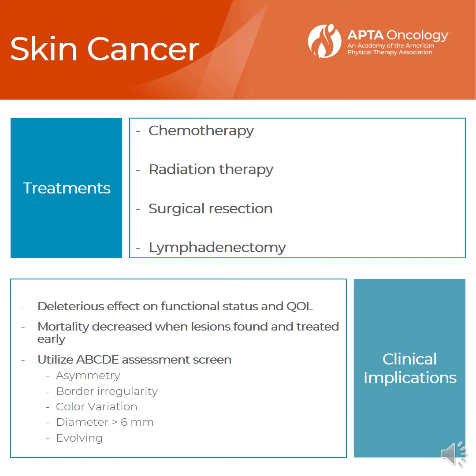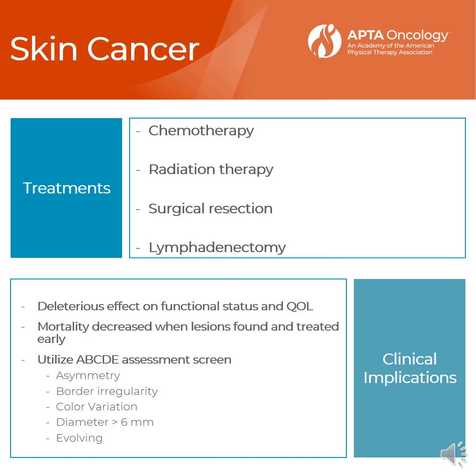The A represents asymmetry or uneven edges, lopsided in shape, or one half unlike the other half. B stands for border irregularity and describes irregular, scalloped, or poorly defined edges. C represents color variation, meaning black, shades of brown, red, white, or occasionally blue.